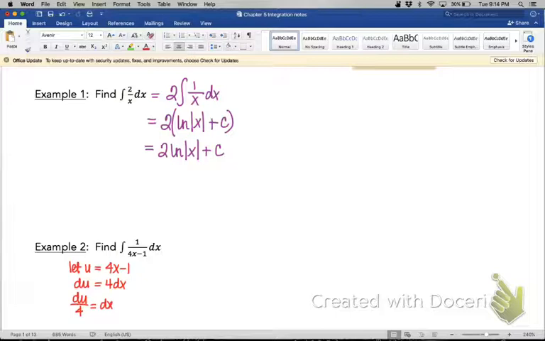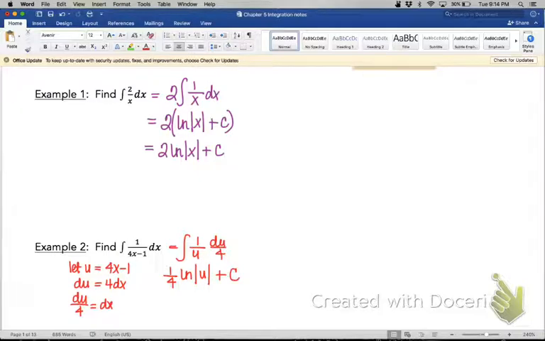Okay? So what we can then do is rewrite this as the integral of 1 over u, du over 4. Well, that du over 4 means there's a constant there of 1/4. So this is going to be 1/4 times the integral of 1 over u du, which is going to be the natural log of the absolute value of u, and then plus our constant.